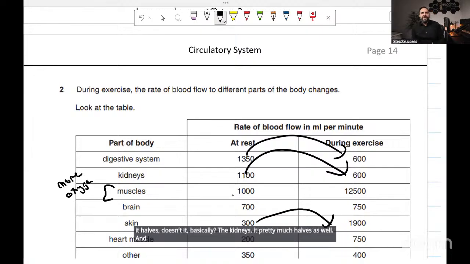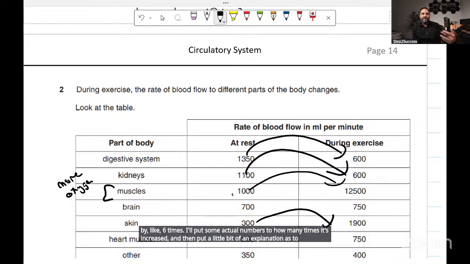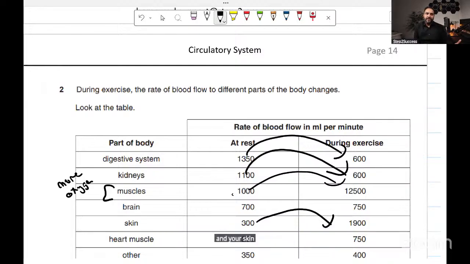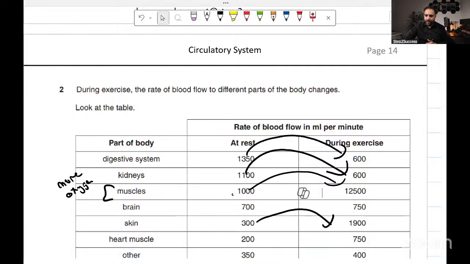And then to the muscles, it has increased by like 12 times. To the skin, it's increased by like 6 times. Put some actual numbers to how many times it's increased, and then put a little bit of an explanation as to why. It's because these parts of the body, your muscles and your skin, need more oxygen, and so the blood is diverted away from some places to these other places like your muscles and your skin that need more oxygen at the time. So that's how I would go about doing that.